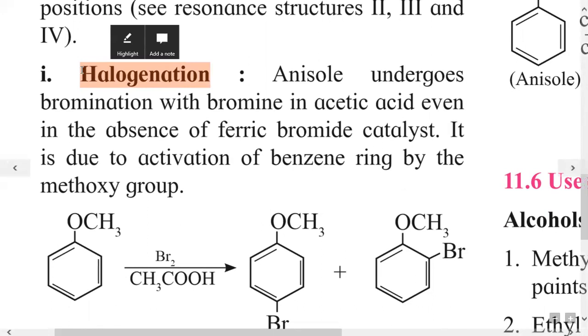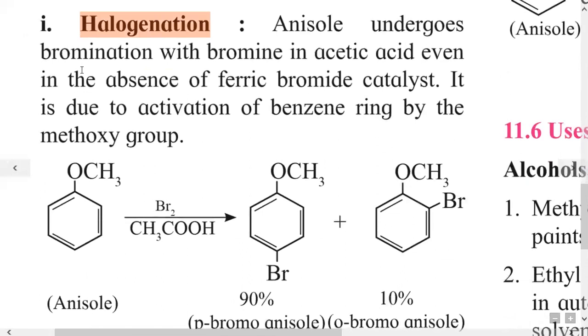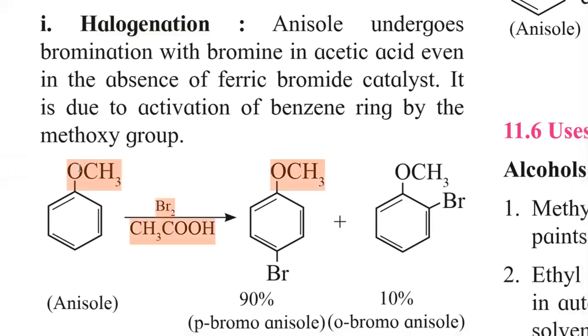The meaning of halogenation is substitution of a halogen group. Here we will study the example of bromination. This is anisole, that is methyl phenyl ether, commonly called anisole, which reacts with bromine in the presence of a non-aqueous solvent, acetic acid.